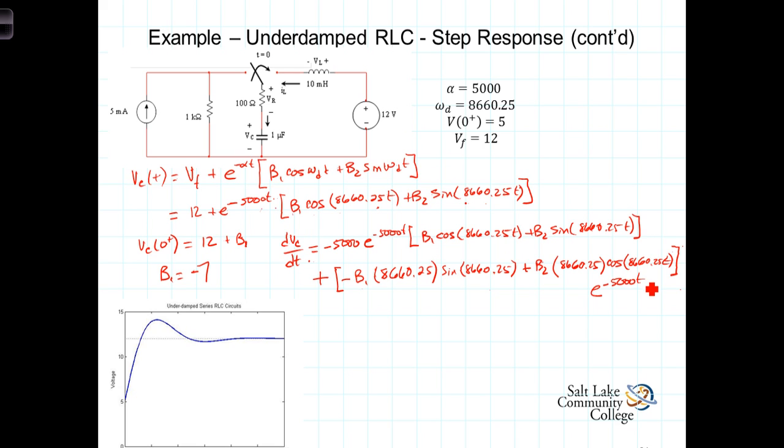Now we evaluate this at t equals 0, and we get dv sub c dt evaluated at t equals 0. We're going to have a minus 5000 e to the 0, that's just 1, times b1, the cosine of 0 is 1, so I'll get a b1 term here. The sine of 0 is 0, so that closes off that part.